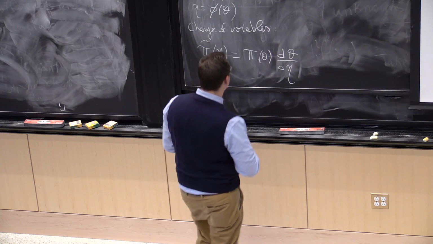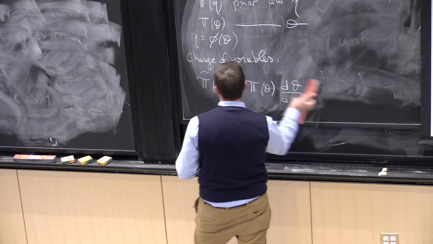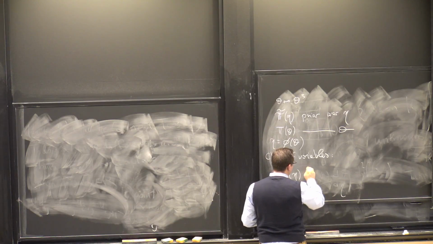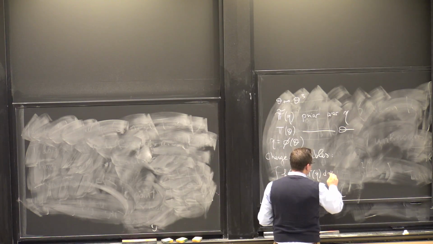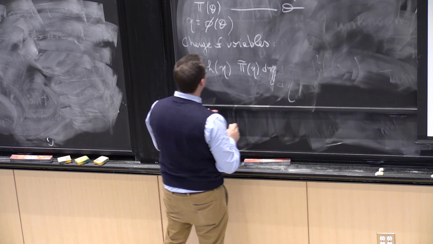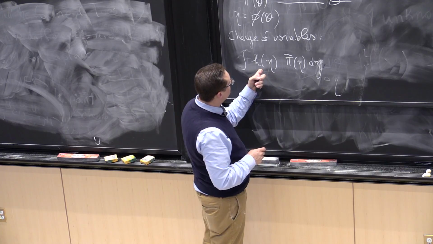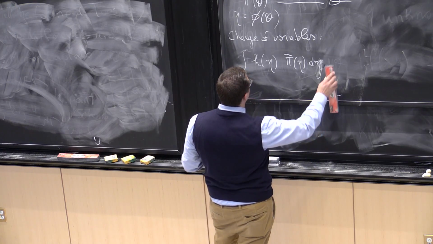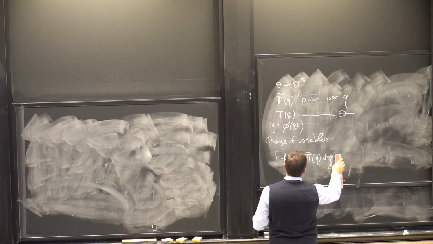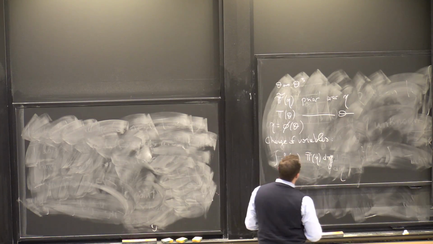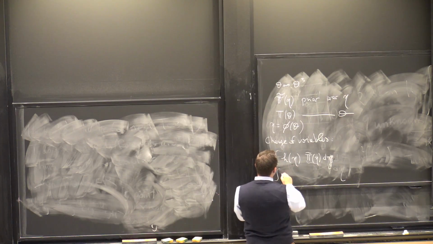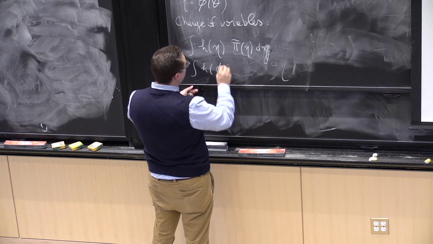Sorry, is that the one? Actually, I'm going to have to write it because I always forget this. So if I take a function, what I want is to check, a function of eta that I can put here, and what I know is that this is h of phi of theta.